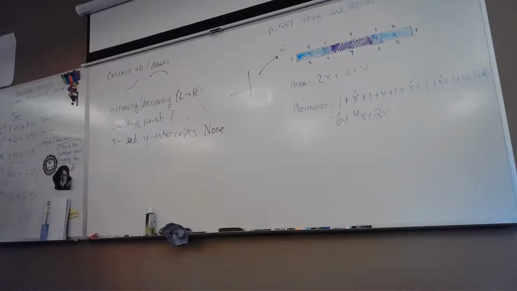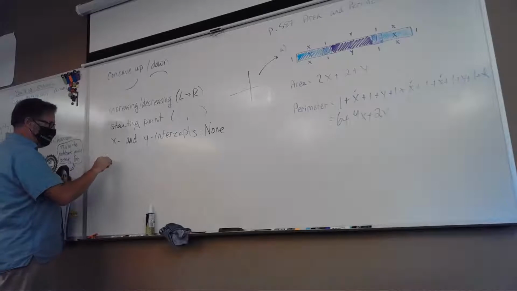Yesterday we started to talk about domain and range, did we not? Yeah, and I gave you guys a brief recap of domain and range. So let's quickly talk about domain and range.